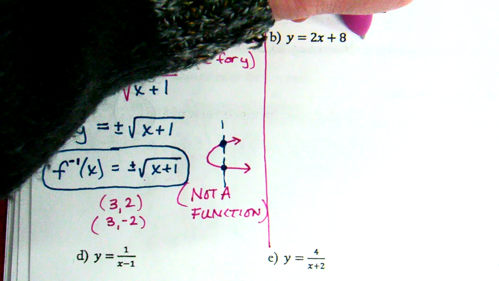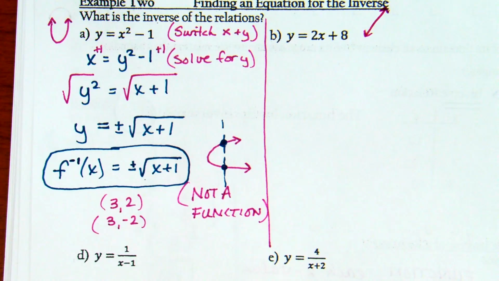If this is y equals mx plus b, then we know it's going to be a line. Intercept of 8, slope of 2. Is that line a function while I'm here? Yeah, that's a function. Most lines are functions unless it's a vertical line. Other than that, lines are functions. Okay. How do I find the inverse?